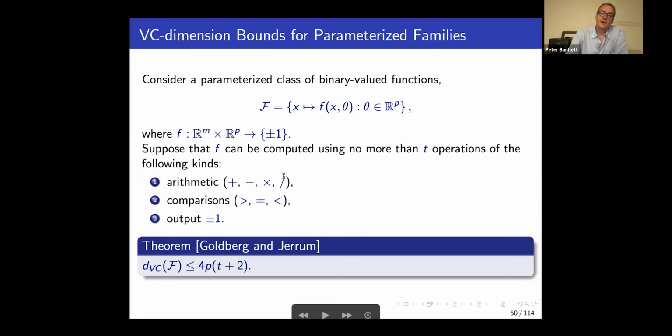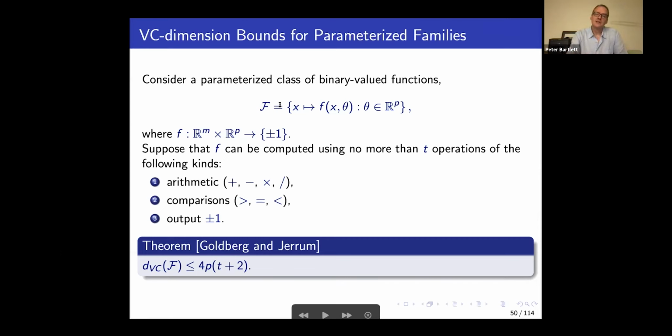Apart from the division operation, you're just computing polynomials here. You're doing comparisons, so you can have multiple polynomials floating around. The degree of the polynomials can grow exponentially with t because you're doing multiplications, but still they're polynomials of bounded degree. It's a bounded number of polynomials, maybe an exponential number that are involved.